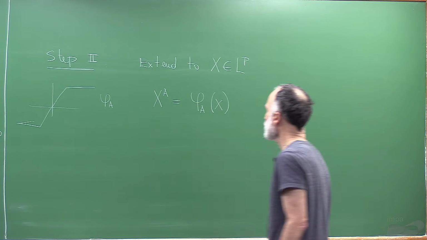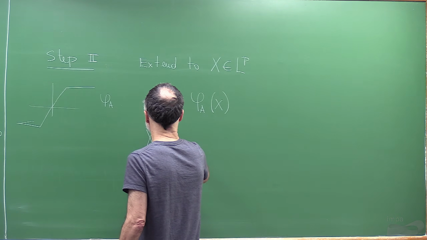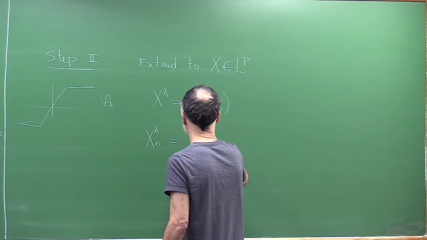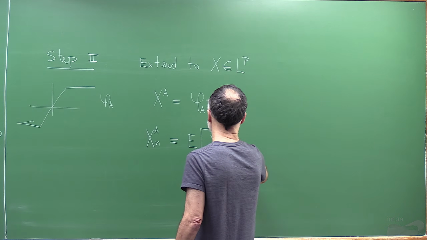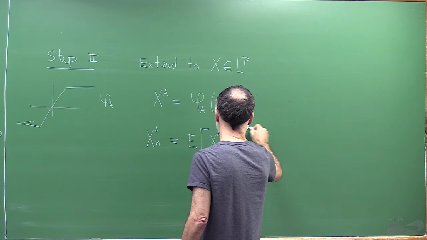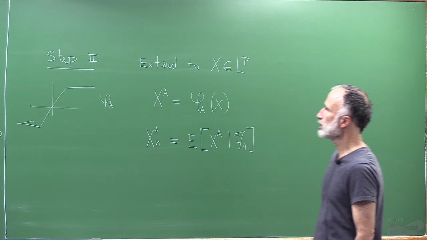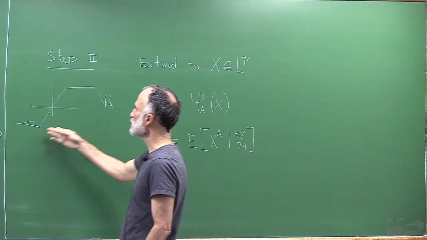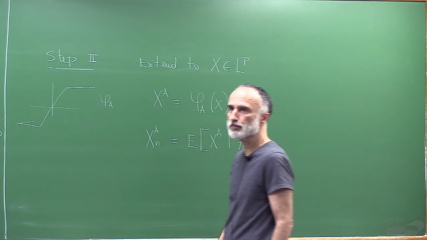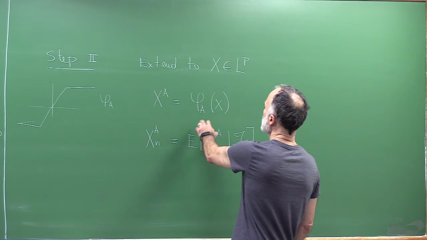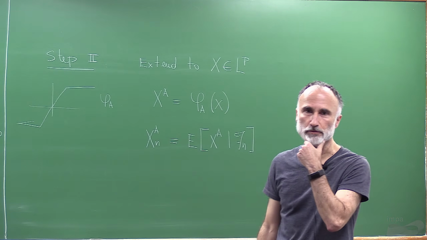What is phi of a? It's a function which is the identity between minus a and a, and then constant outside. I want phi a of x to converge to x and to be bounded, so you choose your favorite function.